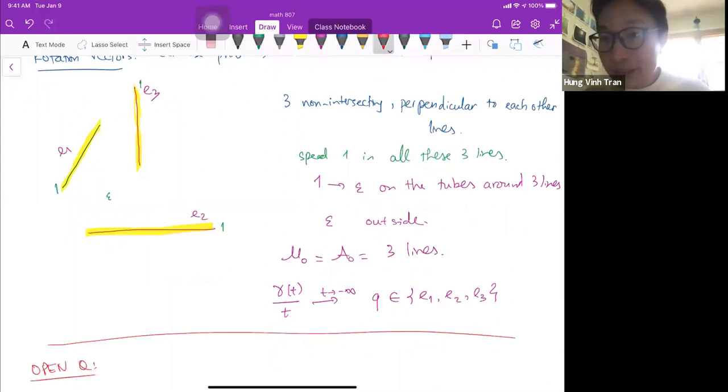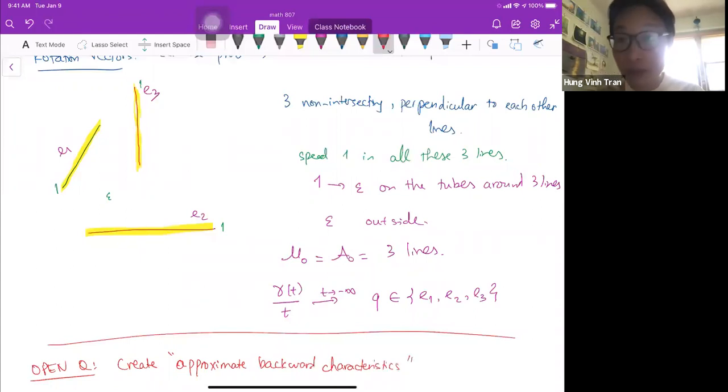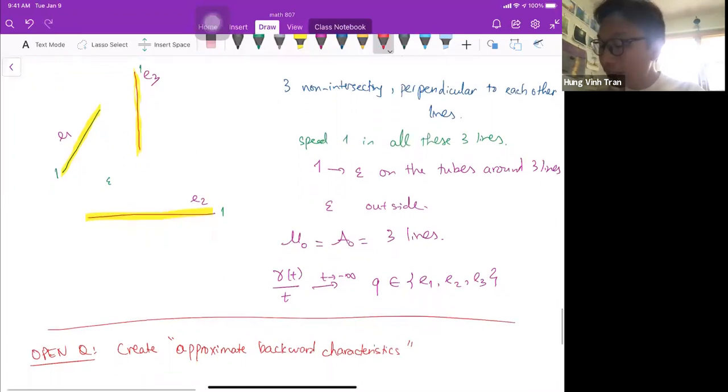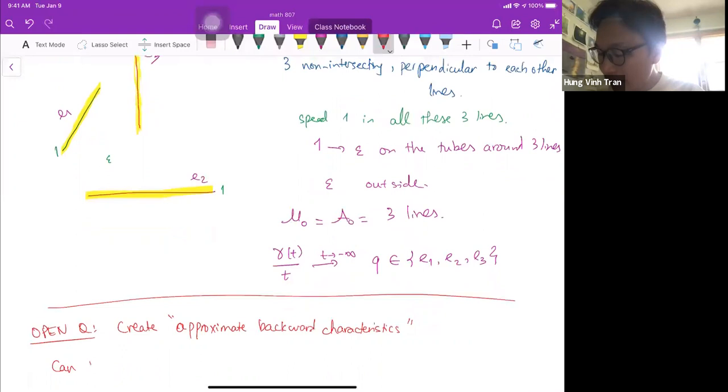However, here's another open question that I want to pose. This one is going to be vague because I don't have time for that. But I want to say that you can create approximate backward characteristics, or you can think about approximate optimal paths, and then can we have gamma t over t converge to any possible q, for any admissible q?